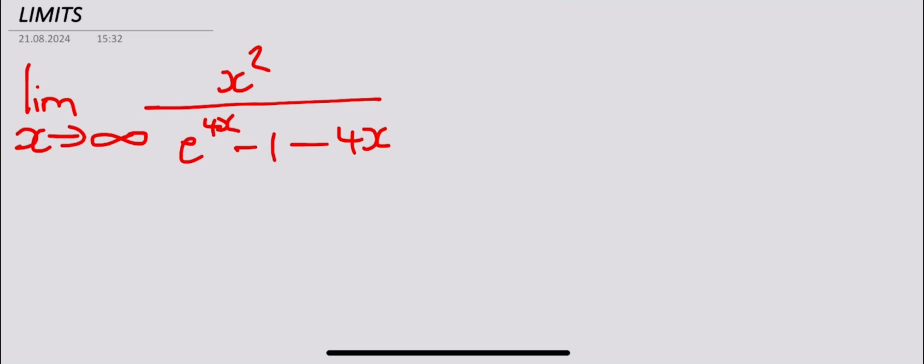Okay, so to solve this limit, let's analyze the behavior of both the numerator and the denominator as x approaches infinity. If we analyze the numerator here, we know that x squared is a polynomial, right?